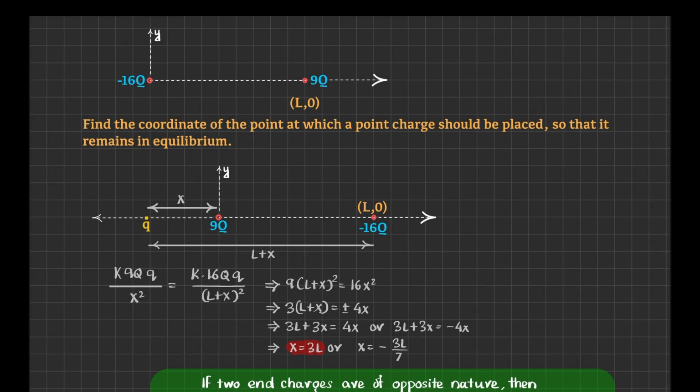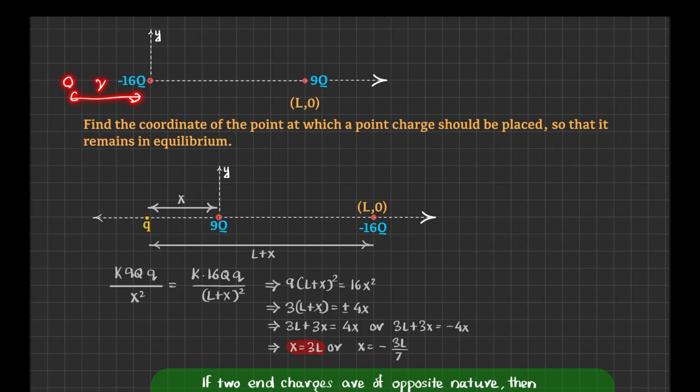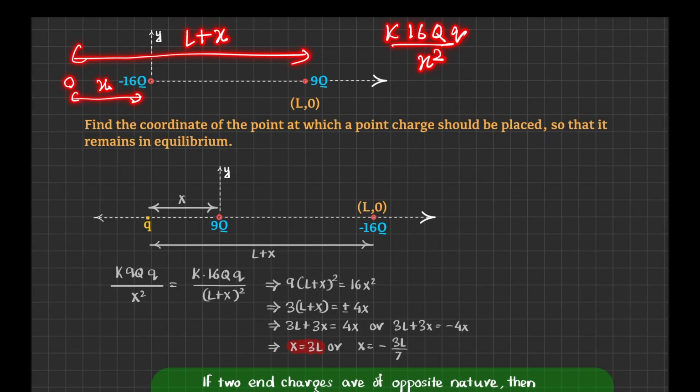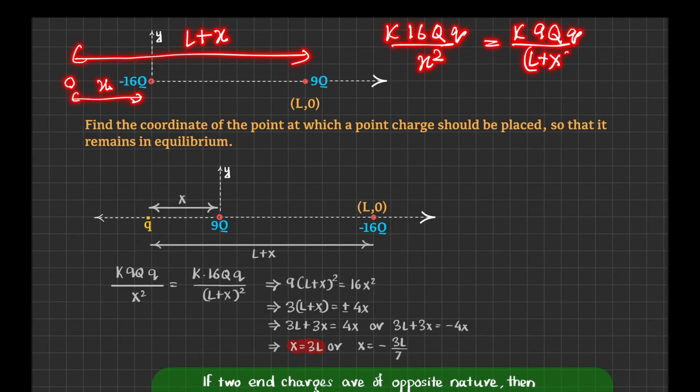Now see again, we will apply a little bit more logic here. Say I choose a point here near 16q. So this distance will be x and this distance will be L plus x. So when we try to balance the net forces, K 16q by x square equals K 9q into q by (L plus x) square.